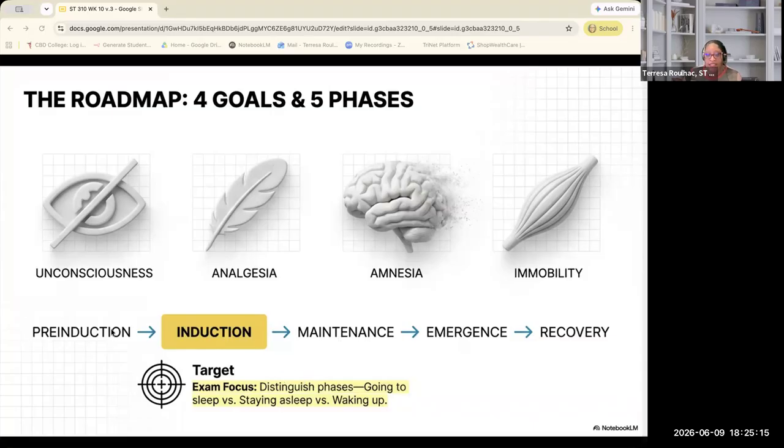Are we looking at pre-induction, induction, maintenance, emergence, or recovery? Right, maintenance. So some of these questions may throw in outliers like unconsciousness, immobility, but I want you to hone in on the phases. If you see the phases, then I want you to be thinking, okay, where's this patient at? When you see the words during surgery, that means the procedure is going on. Okay.